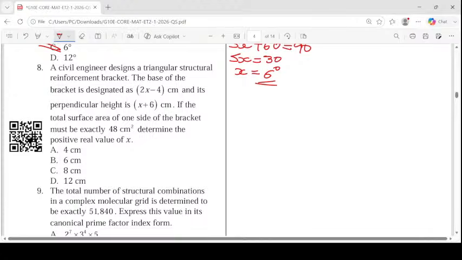This is another beautiful question that a learner has to fully understand before attempting. That is the good thing with this paper, dear learners. You must be learning a lot. Because they talk of a triangular reinforcement, let us take it this way. The shape looks like this.